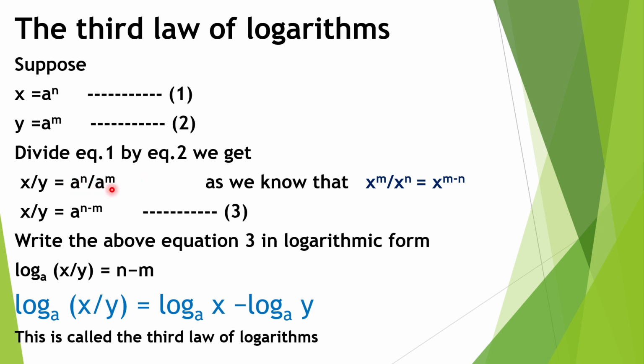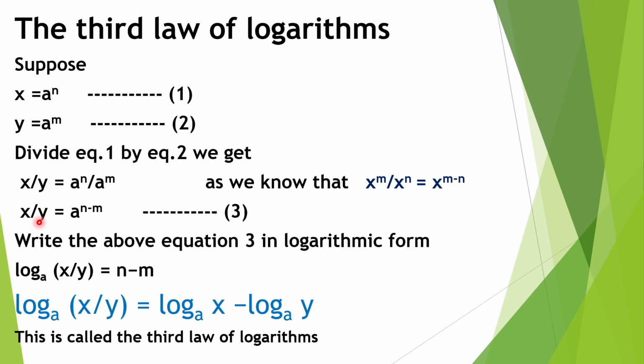This m will shift over here, and we will subtract like this. x power m divided by x power n is equal to x power m minus n. So this m will shift to the numerator, and we can write it with a minus. So we can write this equation like this: x divided by y is equal to a power n minus m.